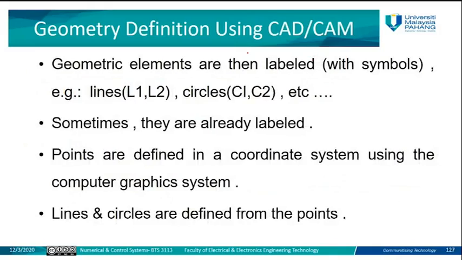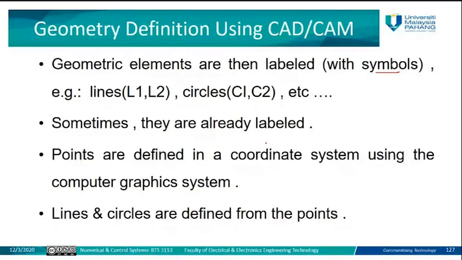So here, for the geometry elements, you also need to use some symbols. When you define on the drawing, since you still need to have drawings, you need to define lines, circles, and points. It's just labeling. This labeling can be easily read by others. I mean, the designer will not do the drawing just for himself.